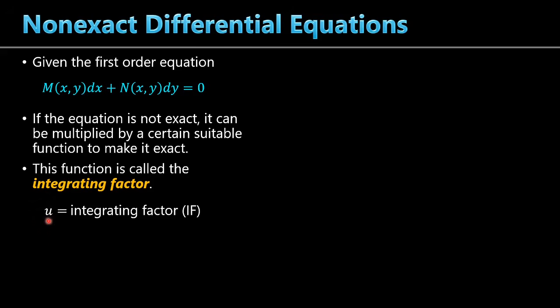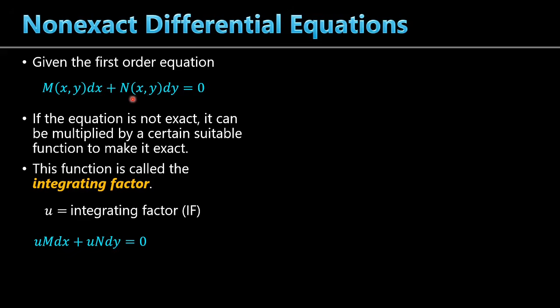Now, assuming alam mo na yung integrating factor na u, di i-multiply mo na siya dito ngayon. So if I multiply the given differential equation by the integrating factor, that will make the equation exact. Ayan. Yung M dito, M of x,y, ginawa ko na lang simply as M. Minultiply ko siya ng integrating factor na u.